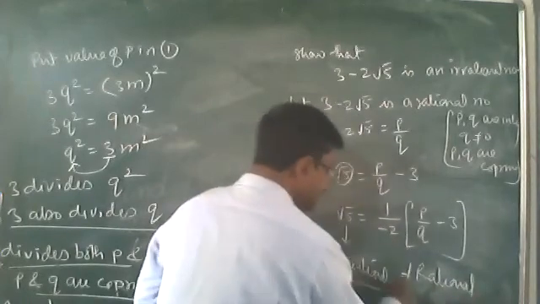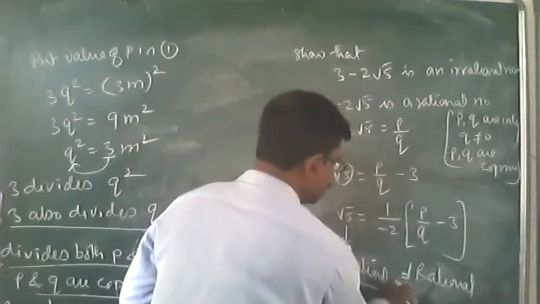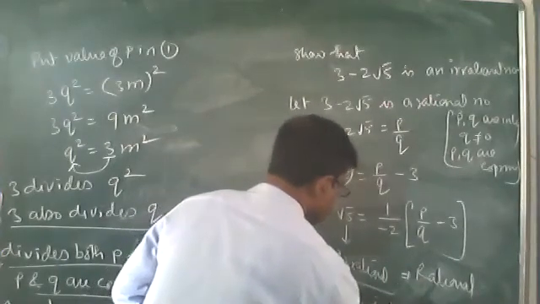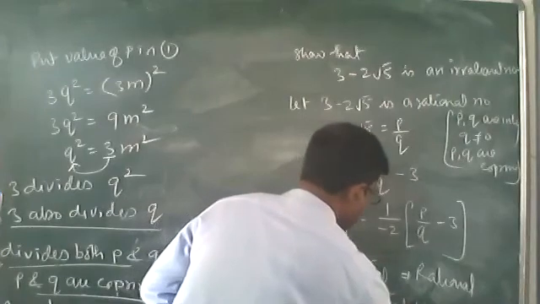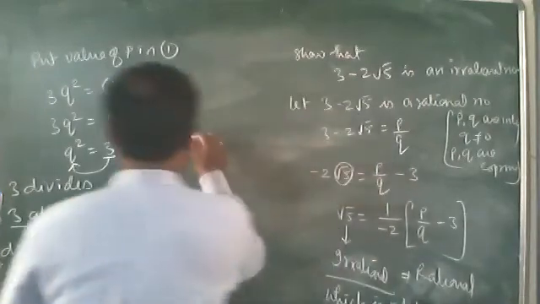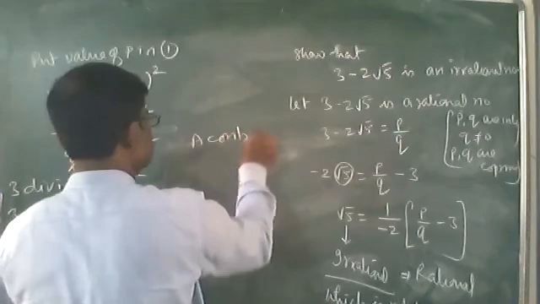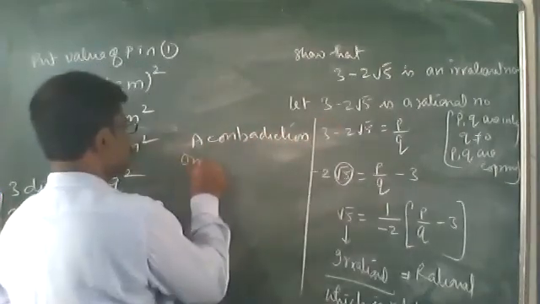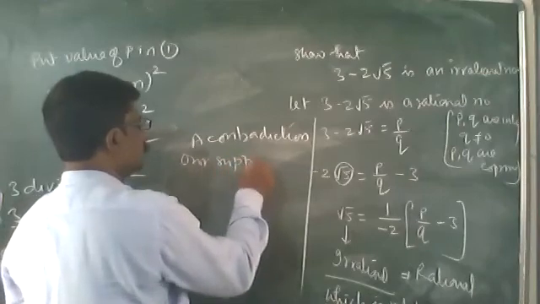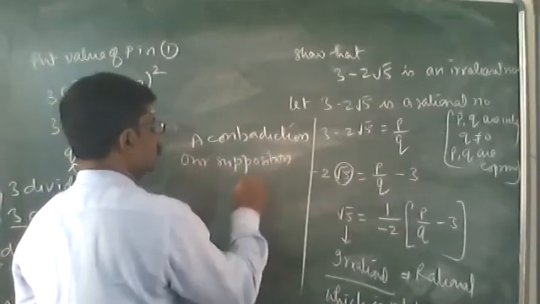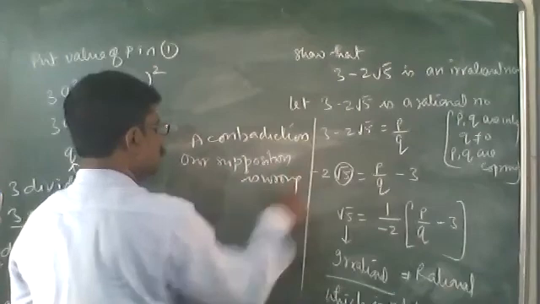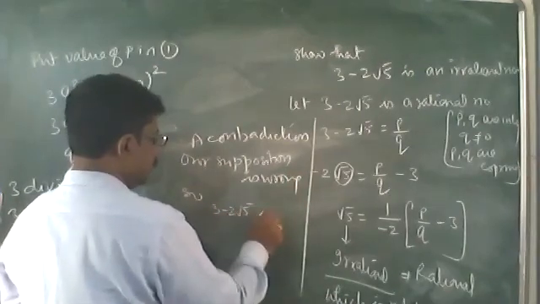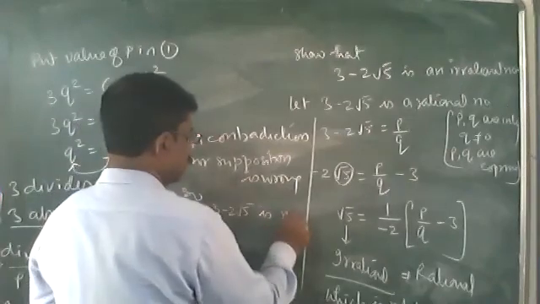We are getting irrational equal to rational, which is not possible. We are getting a contradiction, and our supposition is wrong. So 3 minus 2 root 5 is not a rational number.